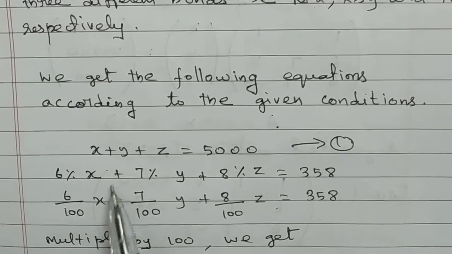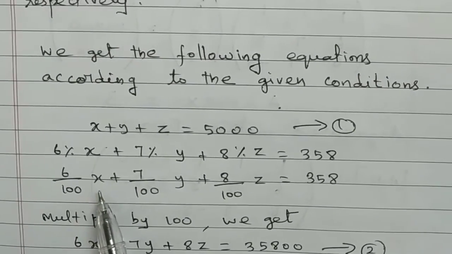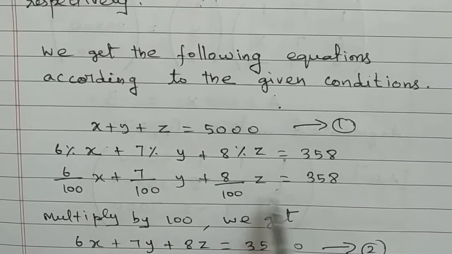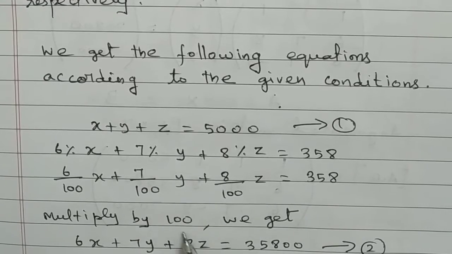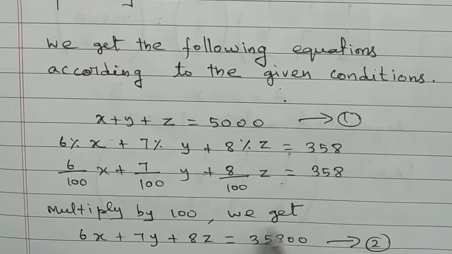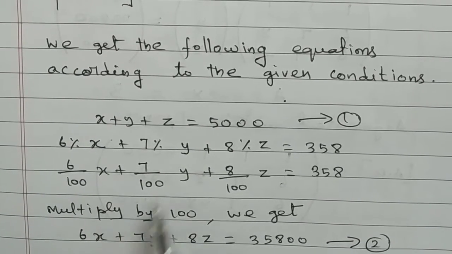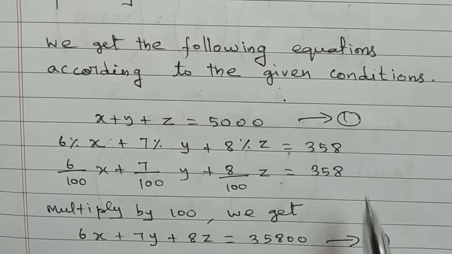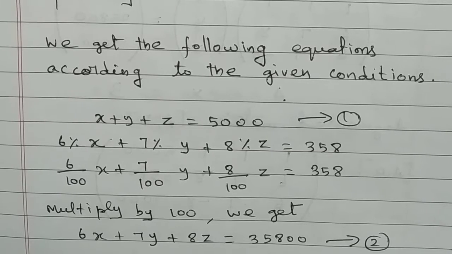So 6% of x can be written as 6 by 100 into x, plus 7 by 100 into y, plus 8 by 100 into z, equals 358. Multiplying by 100, we get 6x plus 7y plus 8z equals 35,800. This is the second equation.